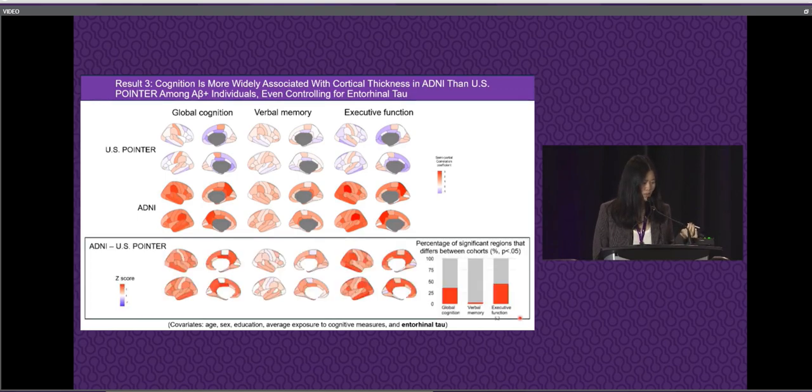And the contrast results show that compared with the pointer, the cortical thickness in adenine in more than 25% of regions showed greater positive associations with the cognition, especially on the global cognition and executive function. So it seems the cortical thickness has a tau-independent role in explaining the cognition.